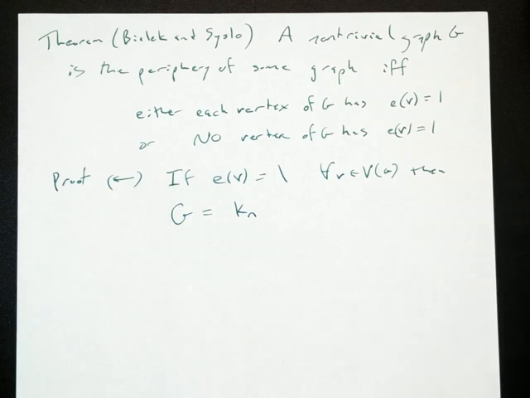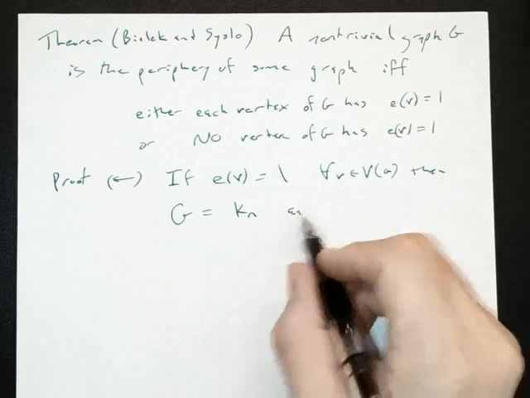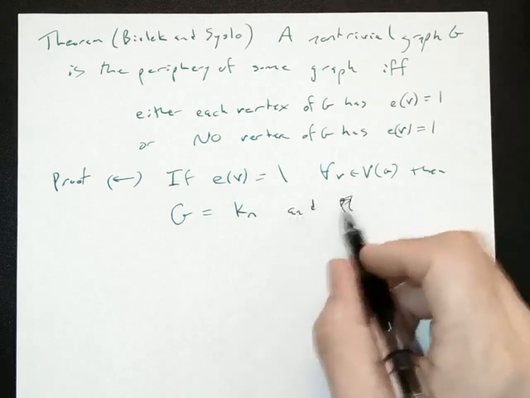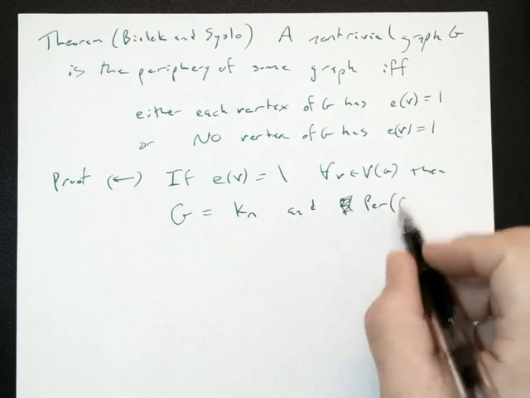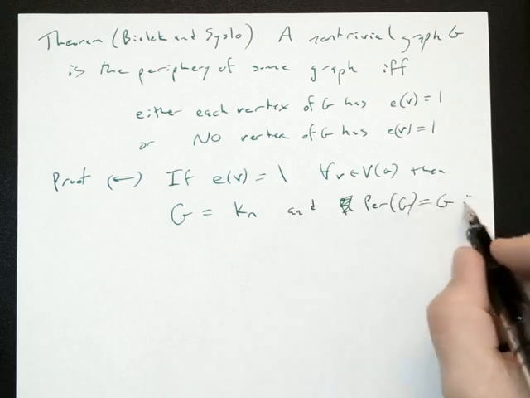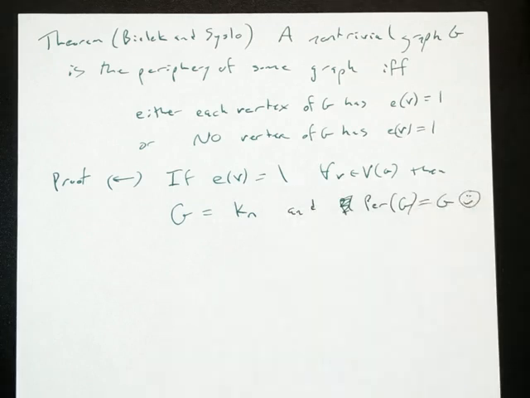Wait a minute. If it's complete, then I know the eccentricities are all 1. The diameter is 1. The graph is its own periphery. I knew self-centered made sense, but self-peripheral sounds absurd.